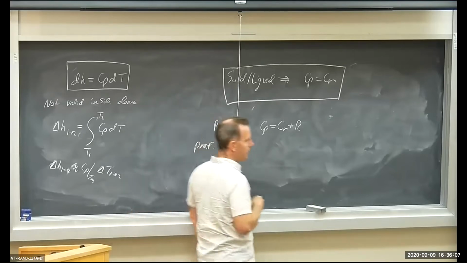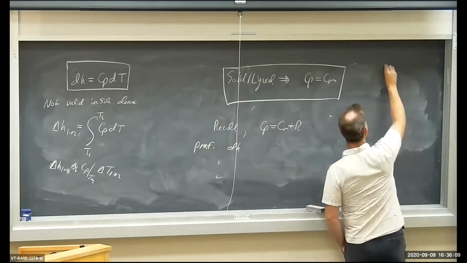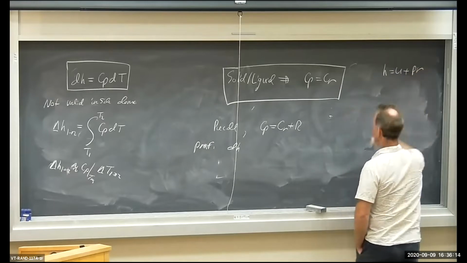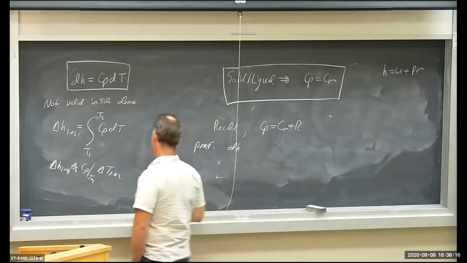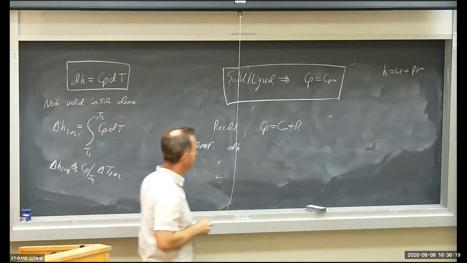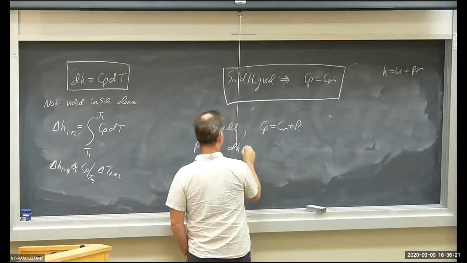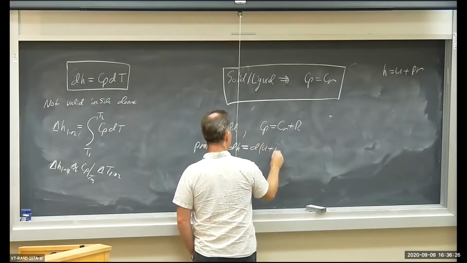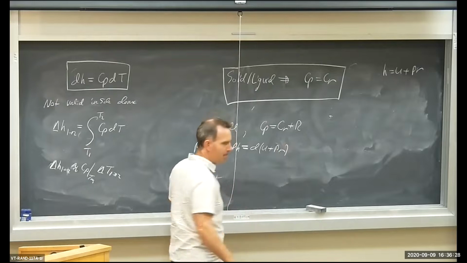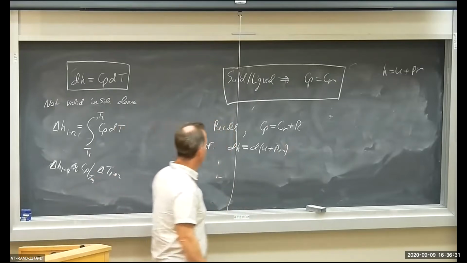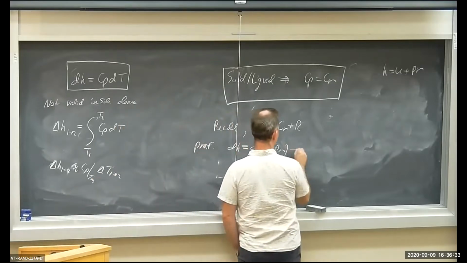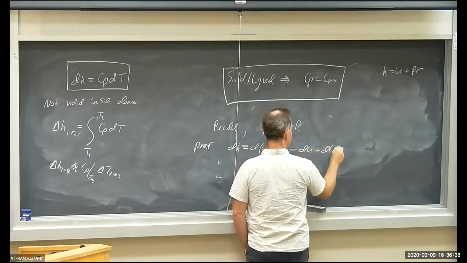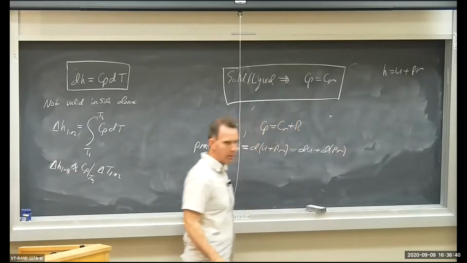dH. Remember enthalpy. H is equal to U plus pressure times specific volume. Specific enthalpy is specific internal energy plus pressure times specific volume. So dH is equal to du plus d(Pv). Okay? Now, let me apply the differential, and I get du plus d of pressure times specific volume.